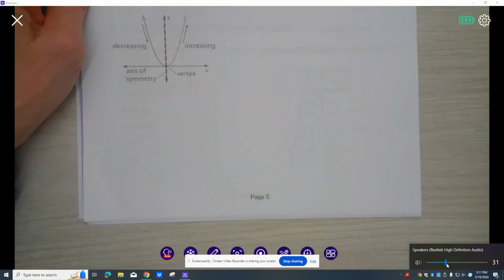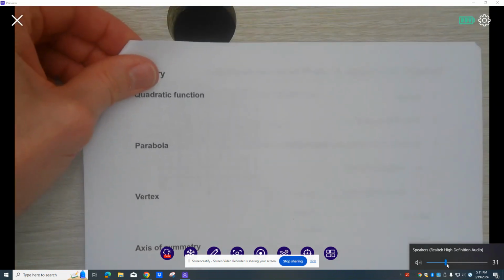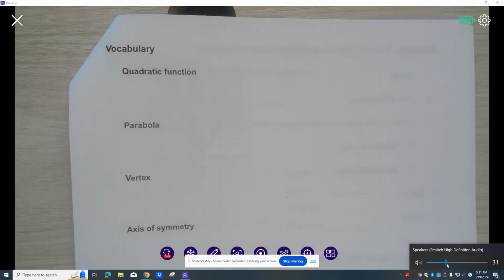If you can turn to page 5 or find the vocabulary section, that's where we're going to start. This is all about quadratic functions and graphs that we call parabolas.